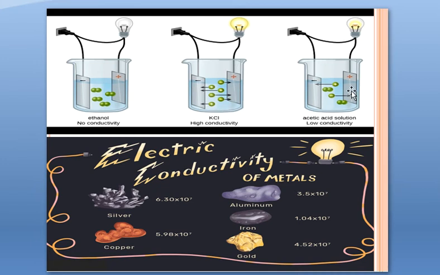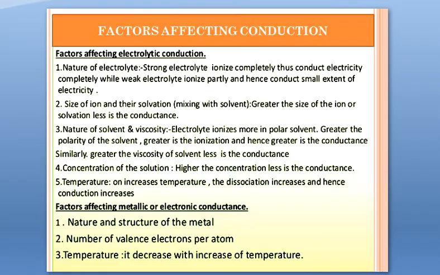Obviously, because in electrolytic conductivity, conduction is because of the movement of ions. If the solvent is viscous, it restricts the movement of ions. When the movement of ions is restricted, it leads to the decrease in conductance, right? Electrolyte ionizes more in polar solvent. This is about the solvent. The last point, greater the viscosity of the solvent, less is the conductance.